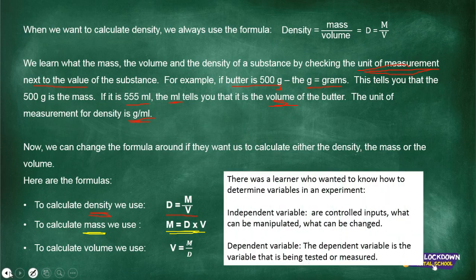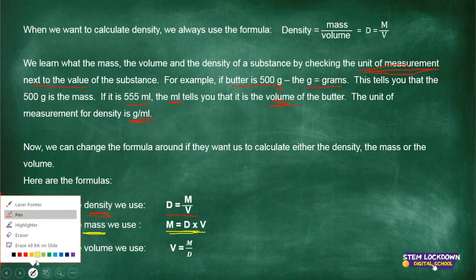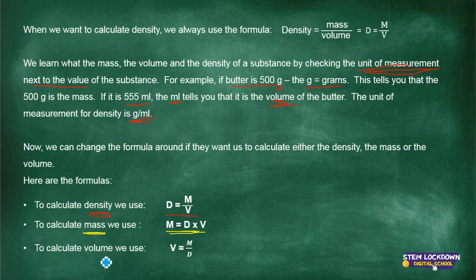Then we can say we wanted the formula for volume. So V, which is volume, is equal to mass divided by the density, so M over D. So these are the three formulas you need when you're doing density.